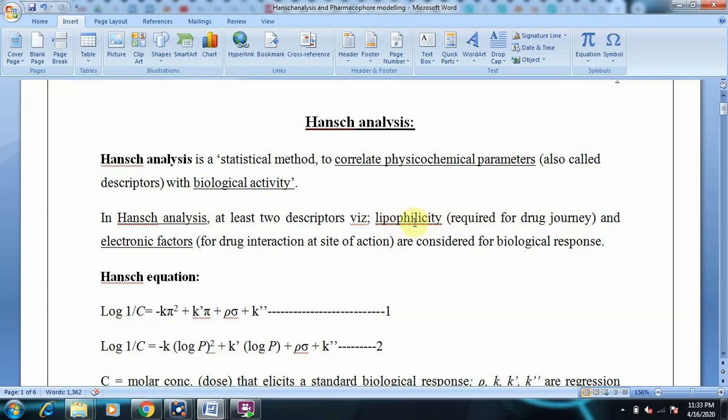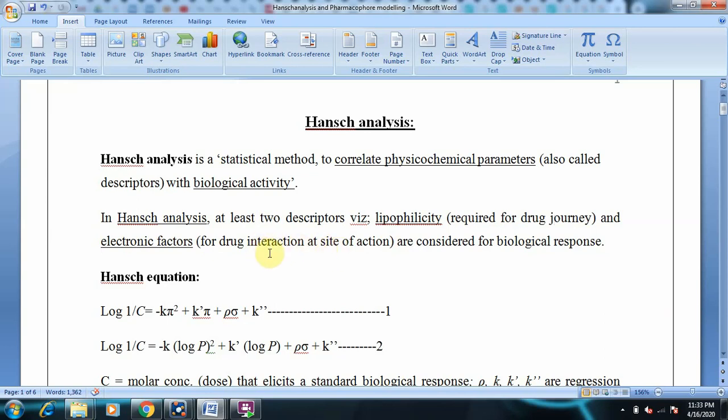It must be one of the descriptors, and the other descriptor is electronic factors, as we discussed yesterday. And why are electronic factors required? Because these electronic factors play a crucial role at the drug interaction site.